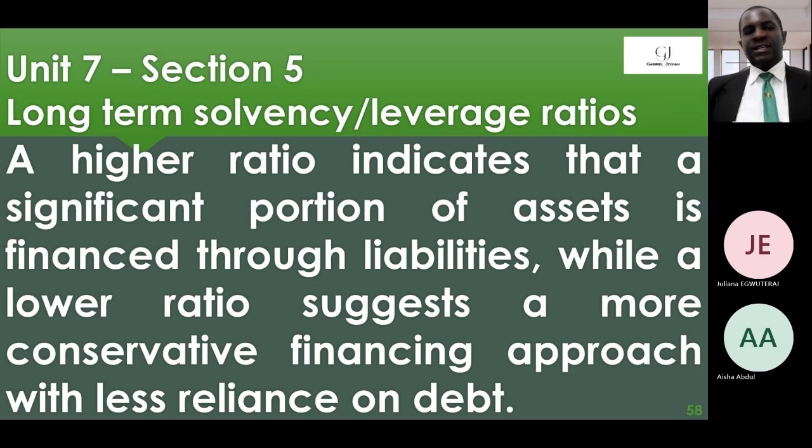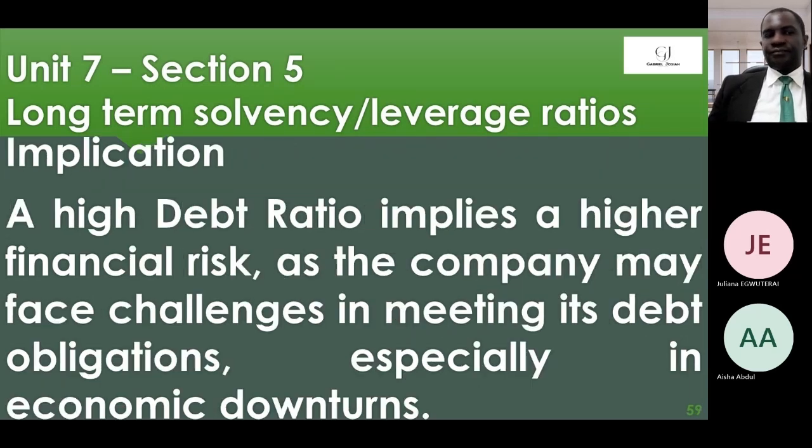So a higher ratio indicates that a significant portion of assets is financed through liabilities, while a lower one suggests a more conservative approach with less reliance on debt. So a balance of 50-50, we saw 56 is still okay, but the total asset 44 is a bit low. 50-50 and a lower total liability, maybe 47 or 45, is advocated and better.